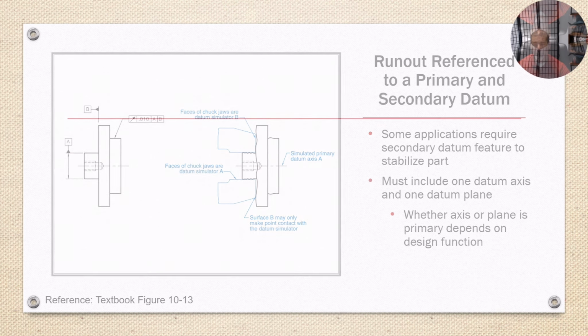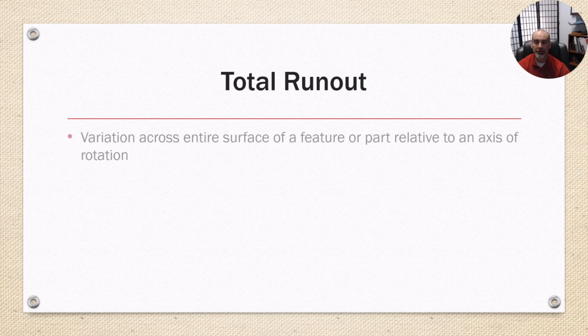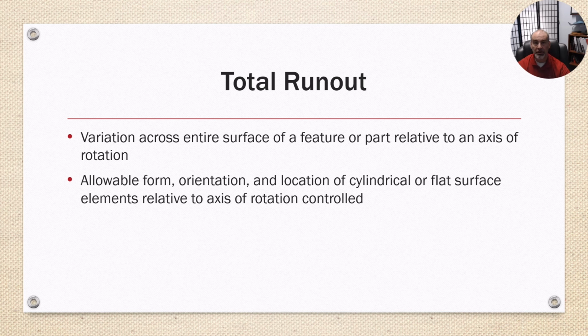Total runout. This is the second type of runout. There's only two: circular runout and total runout. It's a variation across an entire surface of a part relative to an axis of rotation. And the allowable form, orientation, and location of cylindrical or flat surface elements relative to the axis of rotation are controlled.